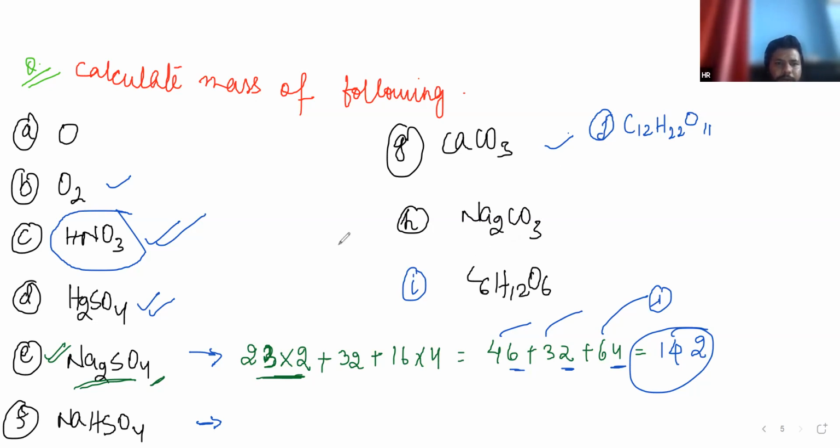120, Aza. 98 or 120? Are you telling about the mass of Na2SO4 or NaHSO4? Calcium 20. Sorry, calcium 40. So what is the answer of E?